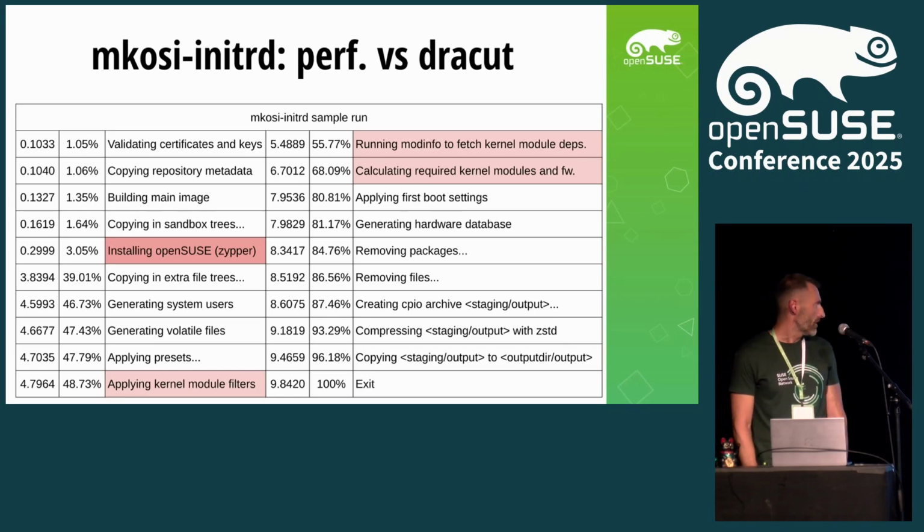The other parts having some time are related to the kernel: applying kernel module filters, running modinfo to fetch kernel module dependencies, and calculating required kernel modules and firmware. That's at about 3.2 seconds. The other parts are roughly 3 seconds.